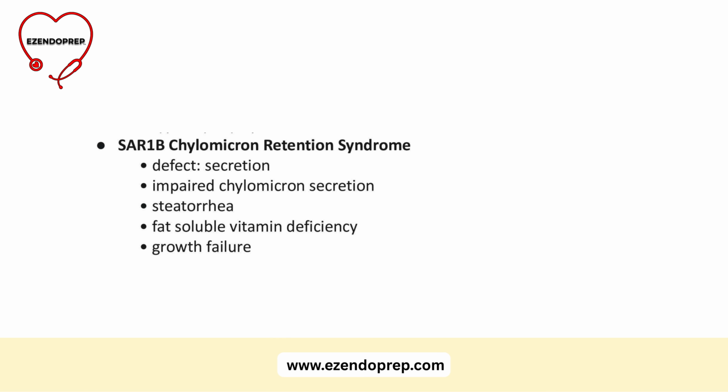That leads to intestinal lipid trapping, severe malabsorption, steatorrhea, and fat-soluble vitamin deficiency, especially vitamin E. Unlike abetalipoproteinemia, ApoB is present, but stuck inside the enterocytes. It's a secretion defect, not an assembly defect.